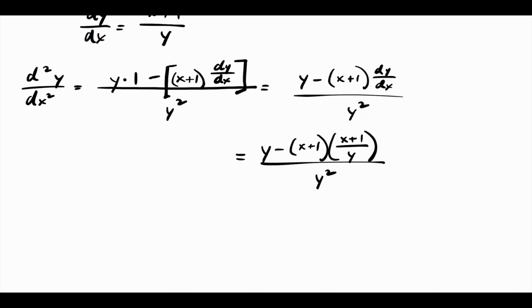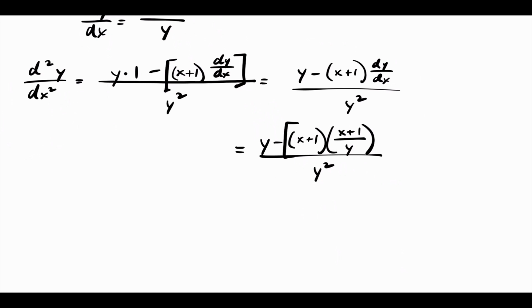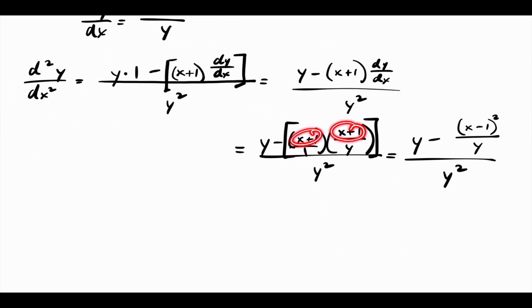Okay. So this part is technically still inside the brackets, so I have to do that multiplication before I can subtract. Well, this is over 1. So I have y on the outside, and I have x plus 1 squared over y squared, because if I multiply fractions straight across, this times this.